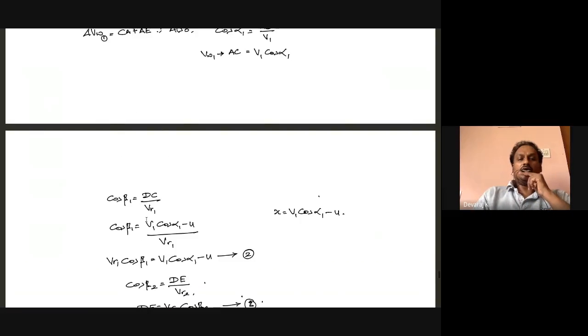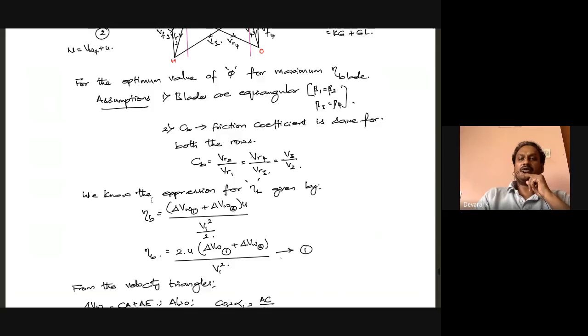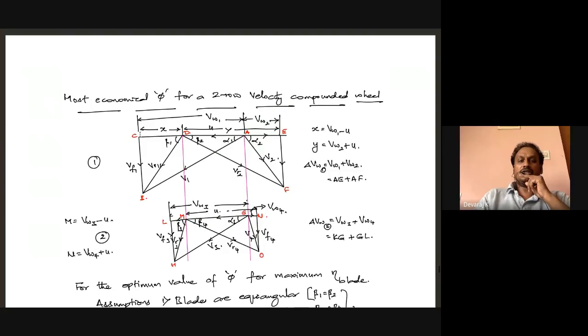Now what is cos beta 1? Cos beta 1 is equal to the adjacent side, which is DC, divided by VR1. What is this DC? This is VW1 minus U. VW1 is the tangential component of V1, which is V1 cos alpha 1.